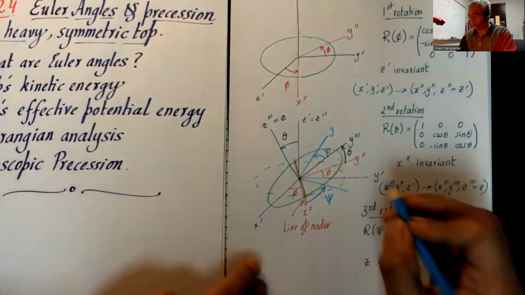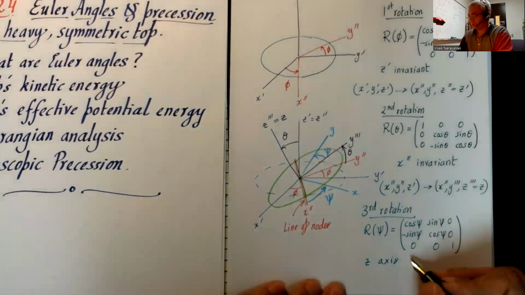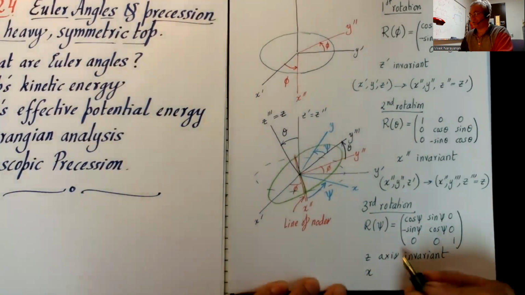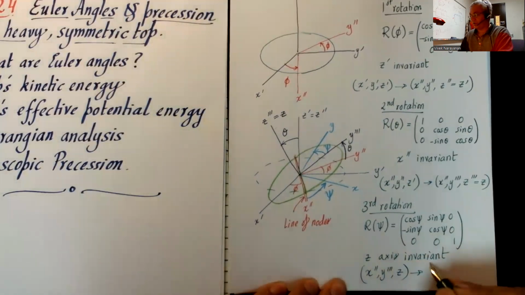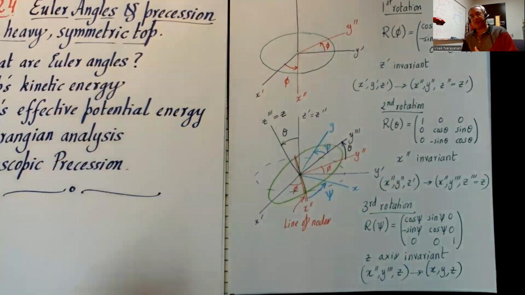This here becomes your x-axis. So that leads us to our final stage in setting up the Euler axes, where x double prime, y triple prime, and z go to their target non-inertial frame destinations, x, y, z. The product of these 3 rotations takes you from the inertial frame to the non-inertial frame.